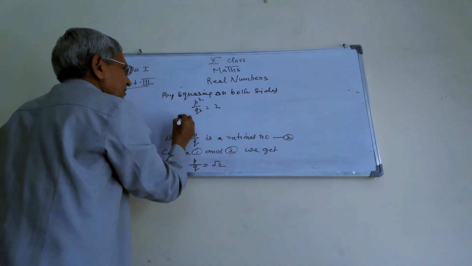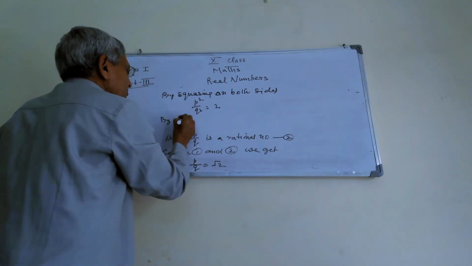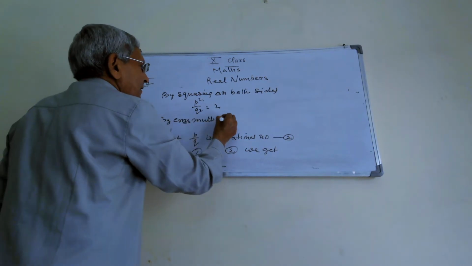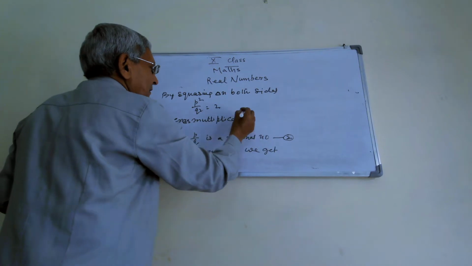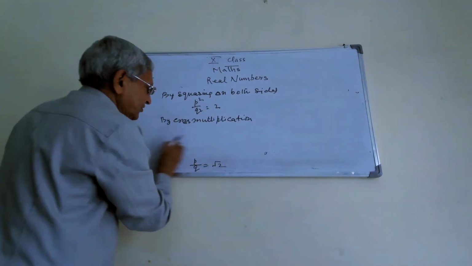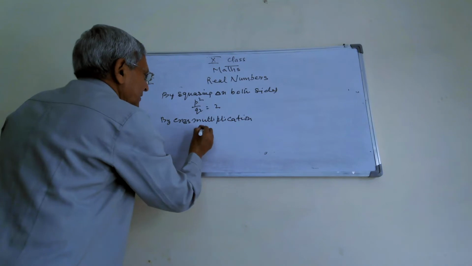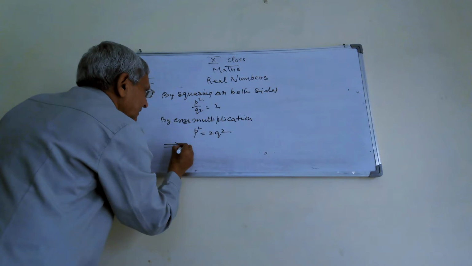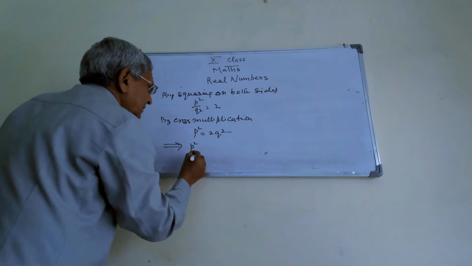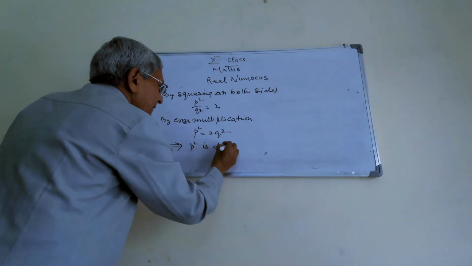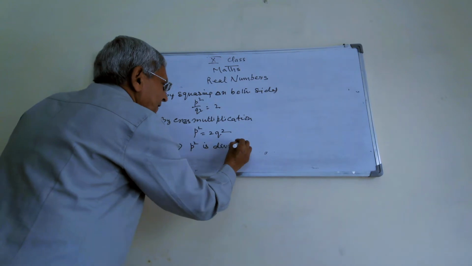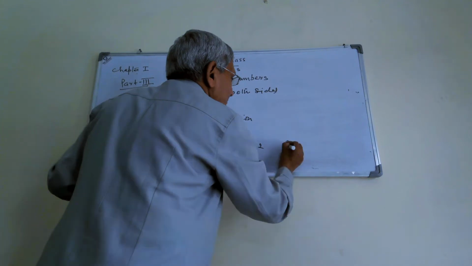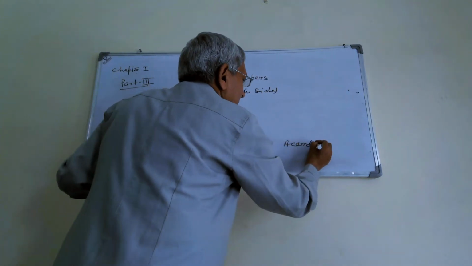By cross multiplication, we get P square is equal to 2Q square. This implies that P square is divisible by 2 according to the theorem.